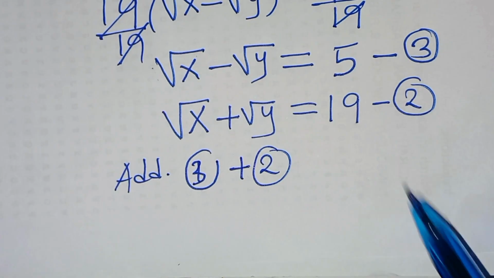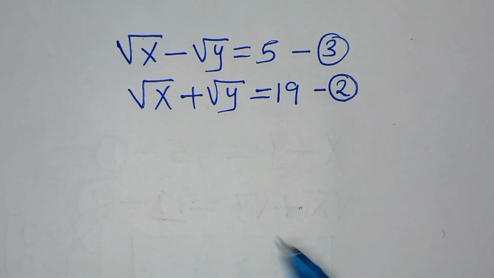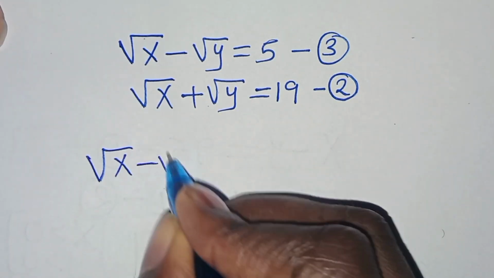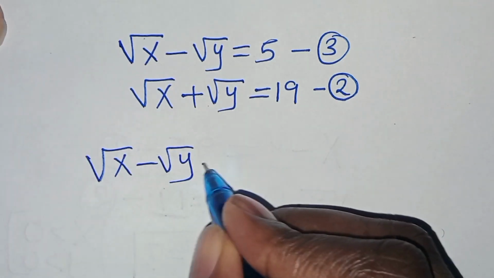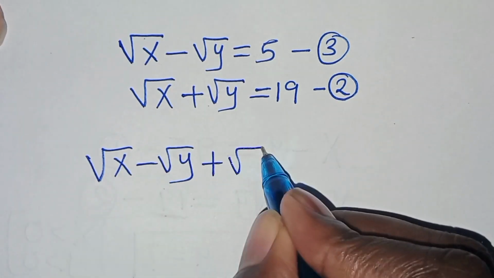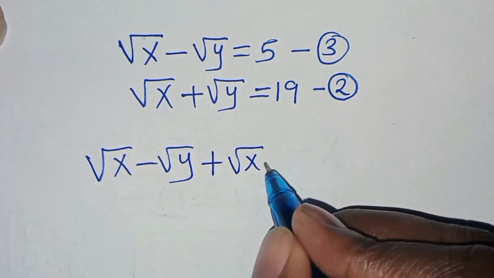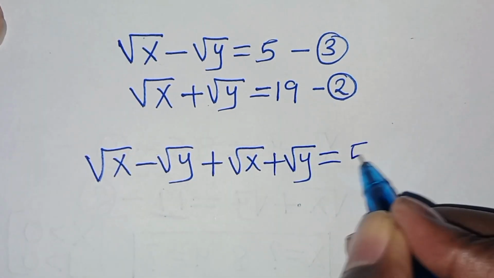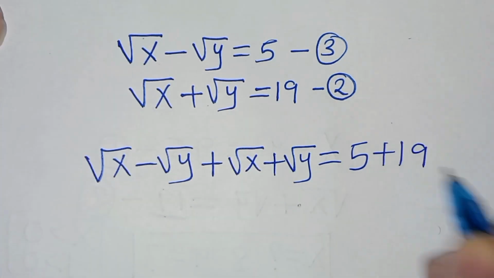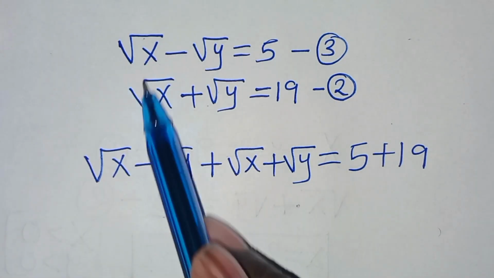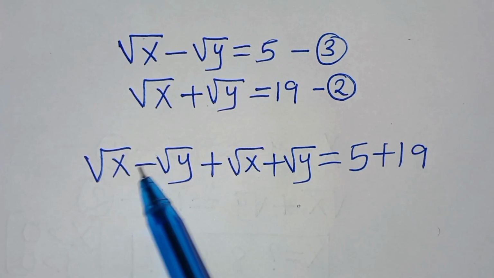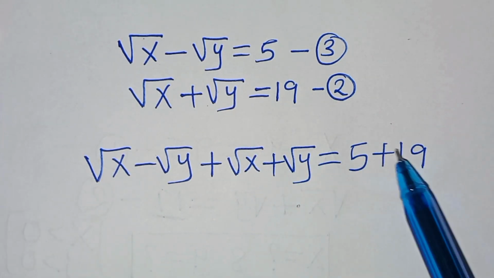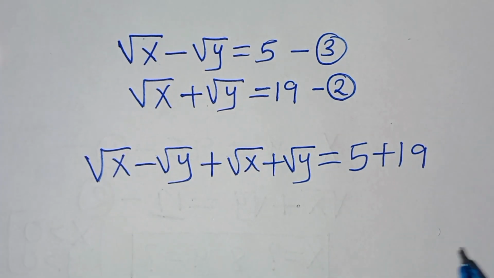By adding these two equations, we have square root of x minus square root of y plus square root of x plus square root of y, equal to 5 plus 19.